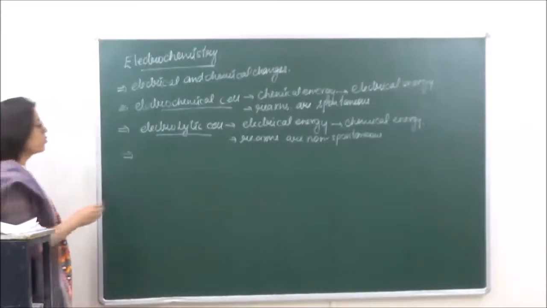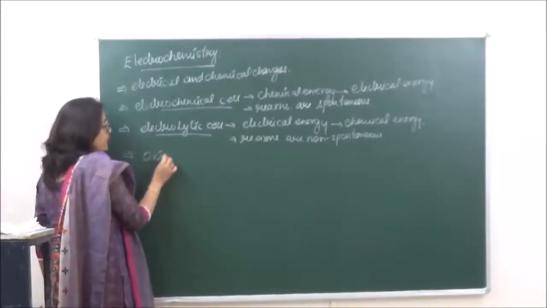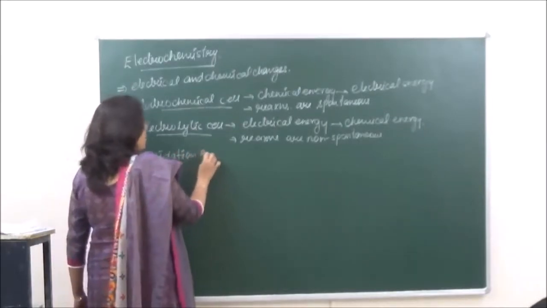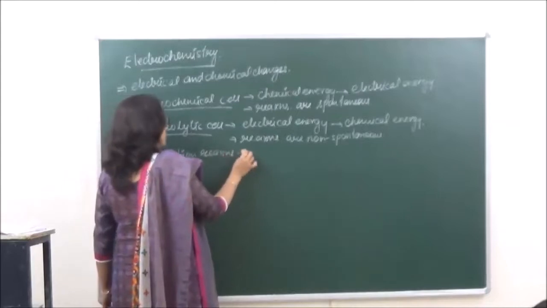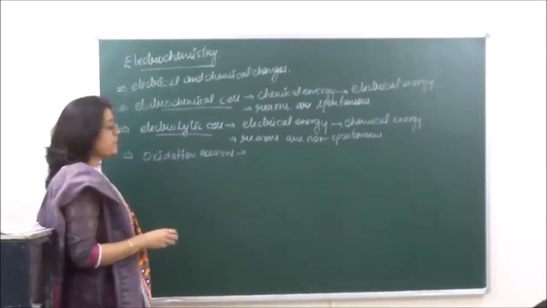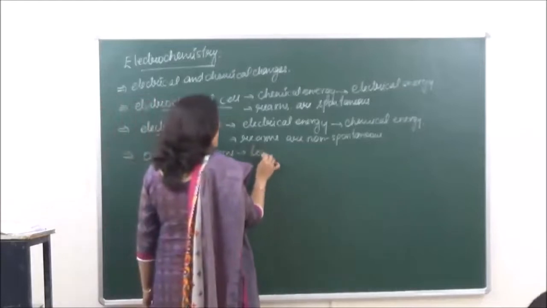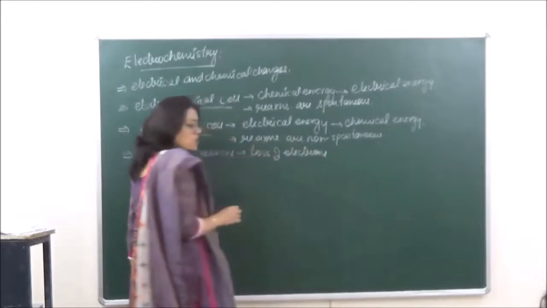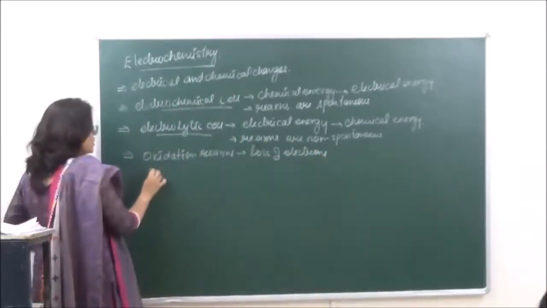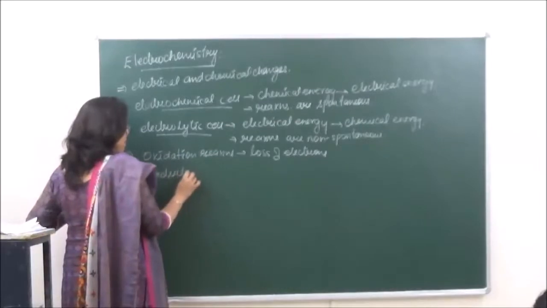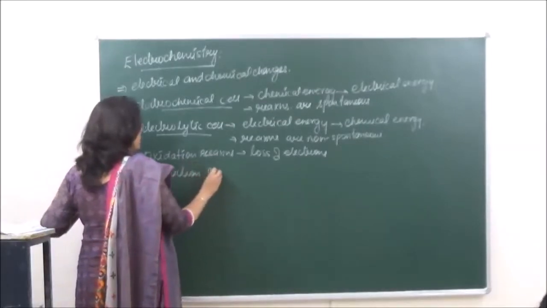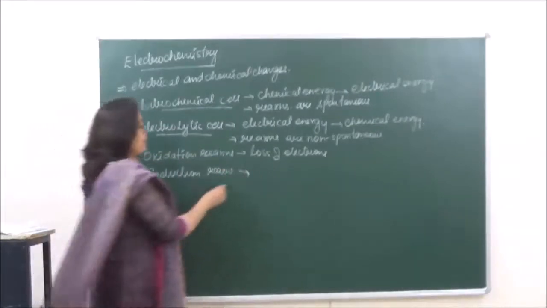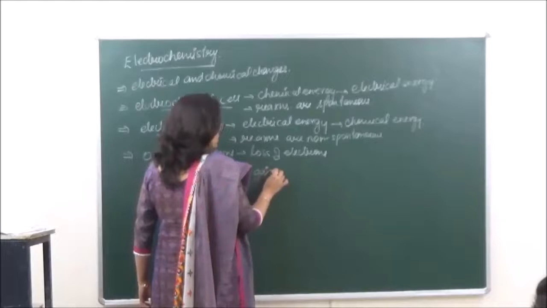In both the cells, as the electrons are going to flow, we say that two types of reactions take place. One is known as oxidation reactions. Oxidation reactions are those reactions which are accompanied by loss of electrons, and reduction reactions are those which are accompanied by gain of electrons.